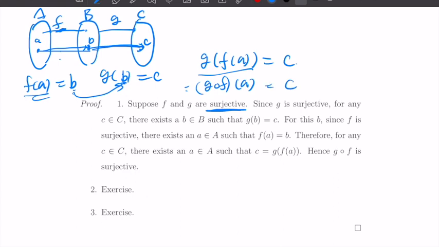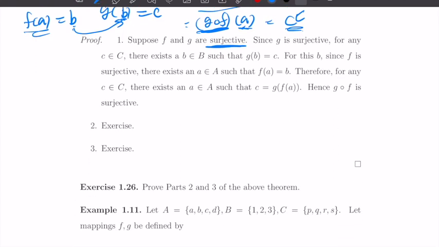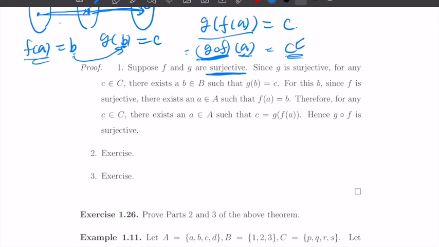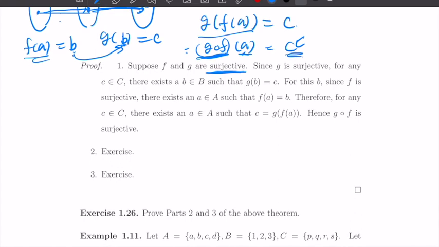So that means for every element in C, there is an element in A such that G after F of A is equal to C. So that means this mapping is surjective. So the rest is exercise.